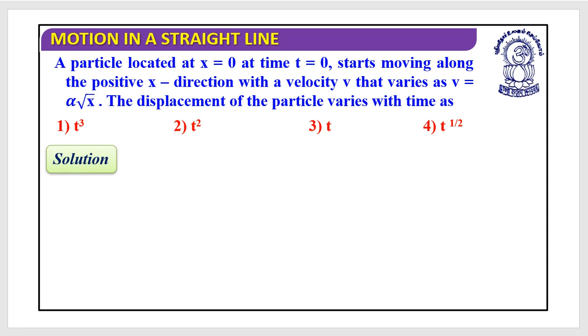What has the data given? Look at this carefully. A particle located at x = 0 at time t = 0 starts moving along the positive x direction with a velocity v that varies as v = α √x.